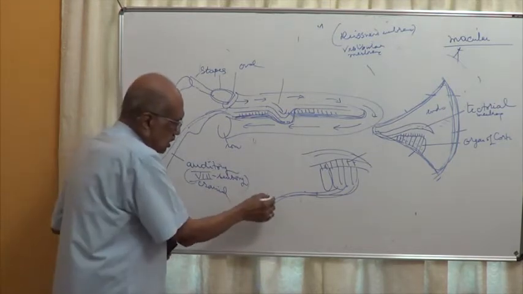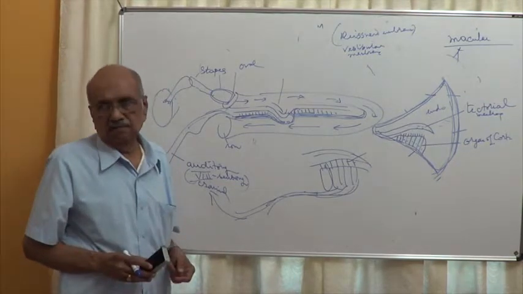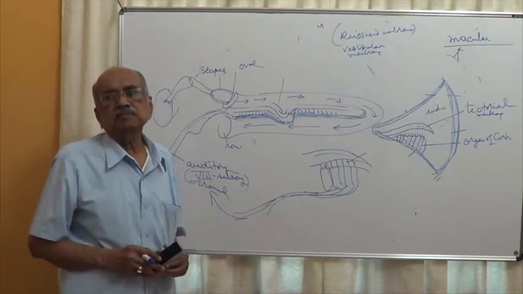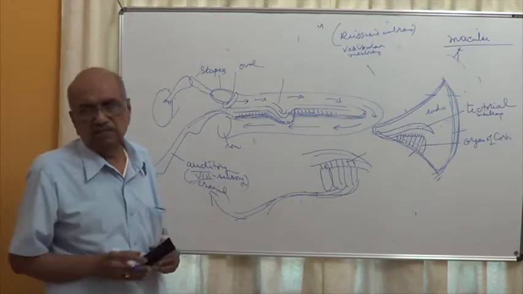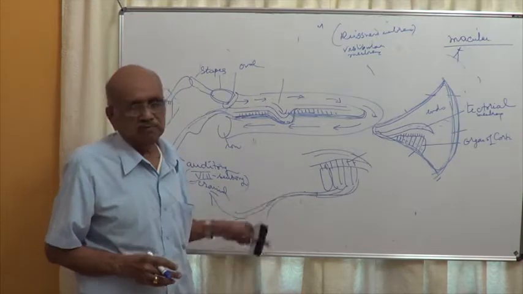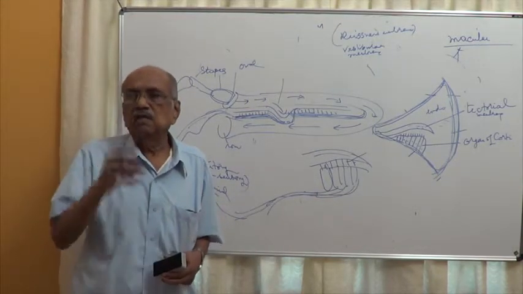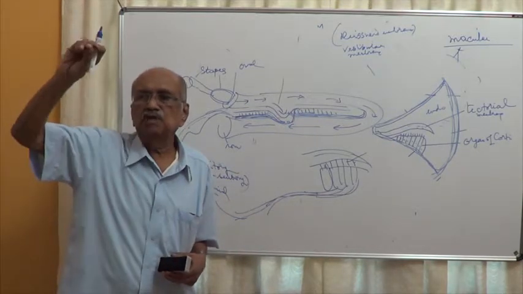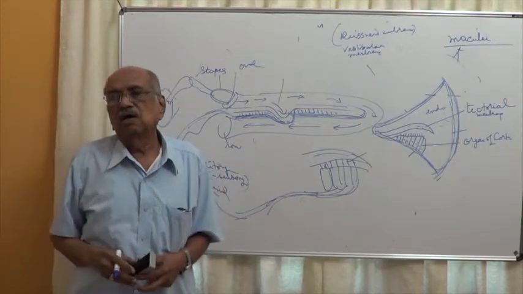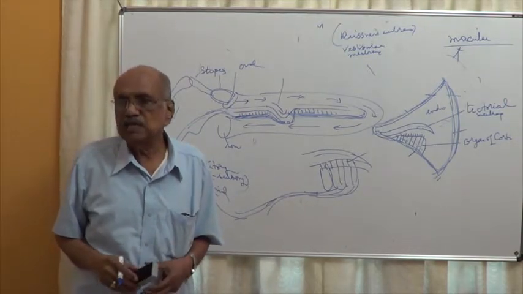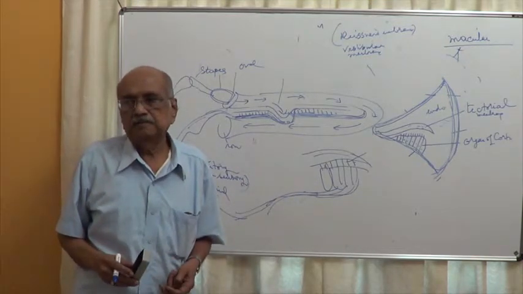Sensory neurons which combine together to form the auditory nerve. You can guess. If sensory neurons are there, there must be an action potential. The action potential must pass from there and then go into the peripheral nervous system. The peripheral nervous system must convey the message to the brain proper, which enables us to hear. We are referring to the hearing apparatus.